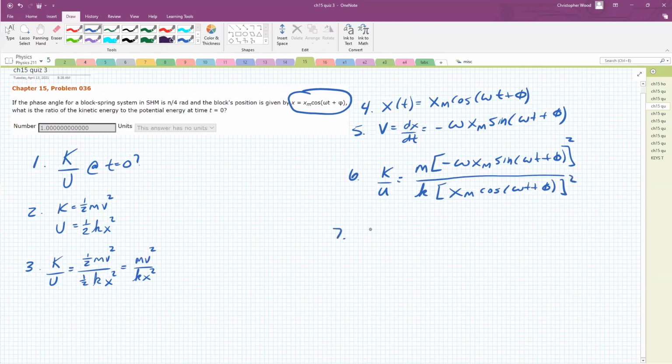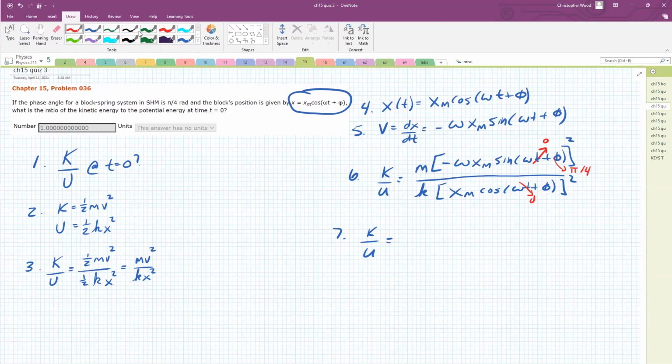So you know what this ratio becomes. K over U is now equal to... well, let's see here. Some low-hanging fruit. T equals 0, so this equals 0. Phi is pi over 4. That's what's given.